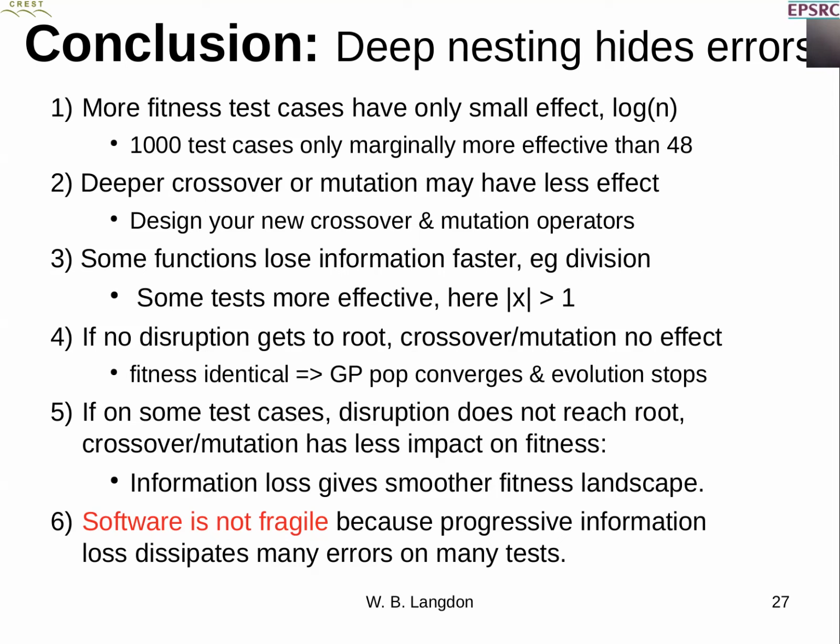And we can view this from an information theory point of view as saying, in many cases, the impact of those errors is progressively lost, is dispersed by all the irreversible steps that lie between the error and the program's output. At that point, I should stop.